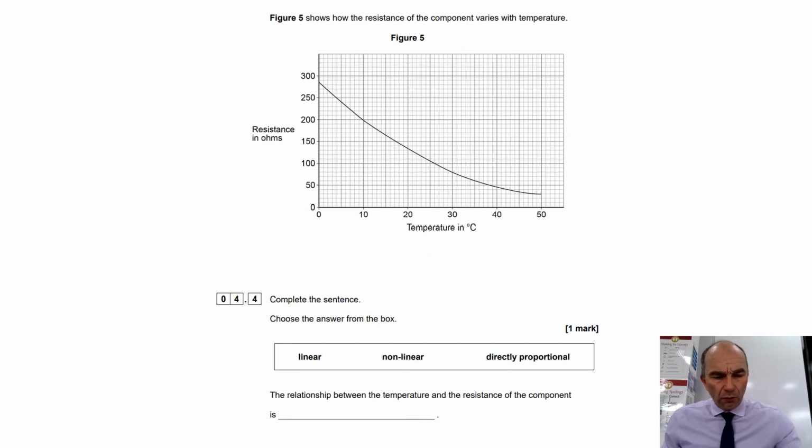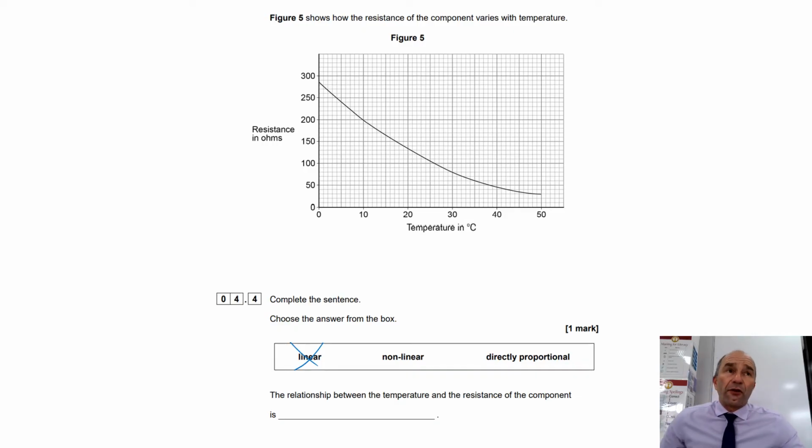Right, and then we've got a graph showing how the resistance of the component varies with temperature. We've got to choose again an answer from the box about the relationship between the temperature and the resistance of the component. Now, linear is talking about things which go in straight lines. Well, it's clearly not a straight line, so that is incorrect.